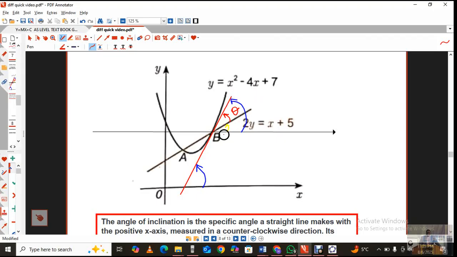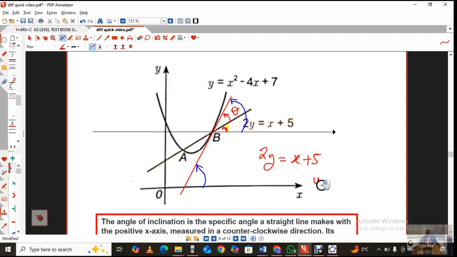Now, what is the gradient of this other line here? This line, 2y is equal to x plus 5. What will the gradient of this line be? Because I want to find also this angle using that gradient concept.